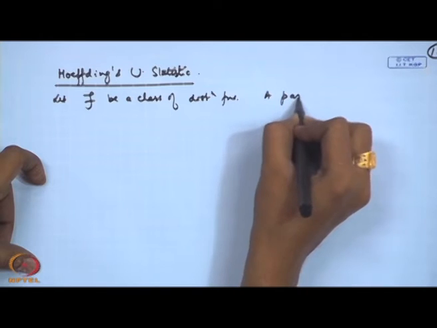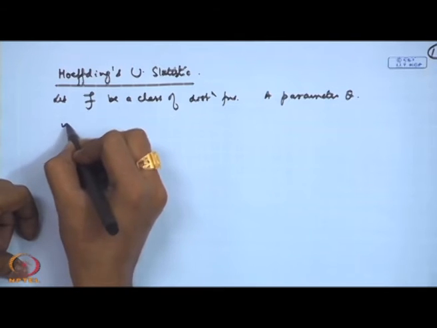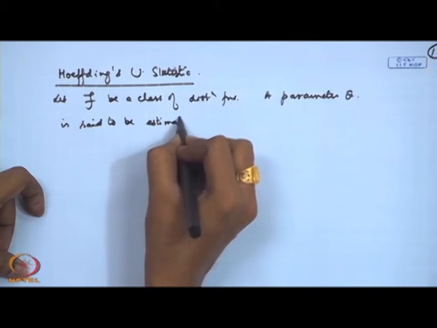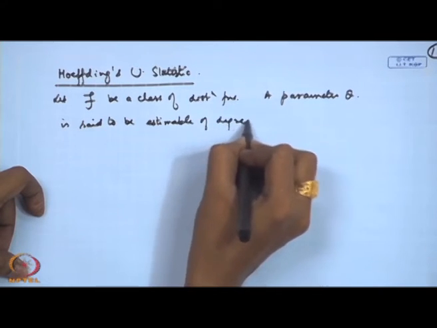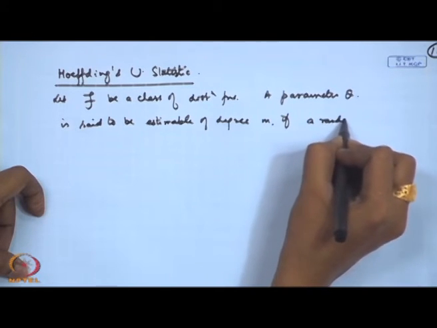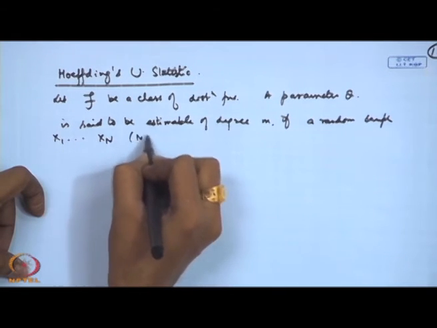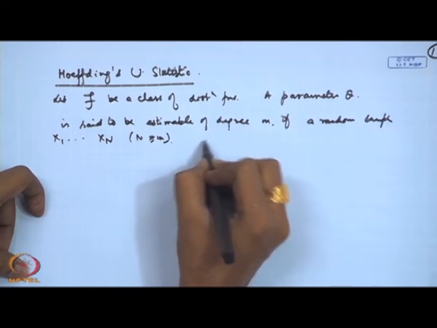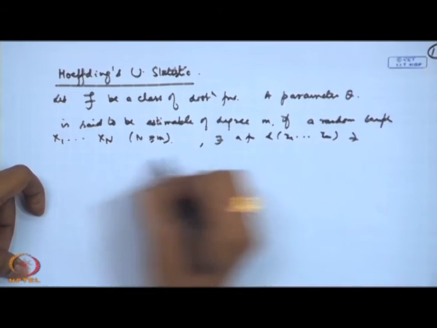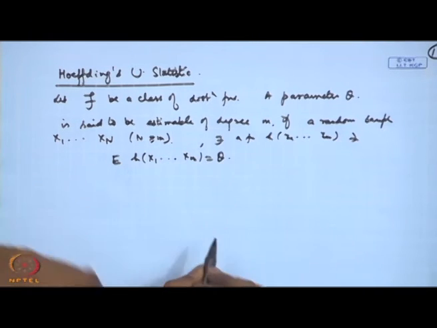A parameter theta is said to be estimable of degree m if for a random sample x1, x2, ..., xn, n greater than or equal to m, there exists a function h of x1, x2, ..., xm such that the expectation of h of x1, x2, ..., xm is equal to theta.